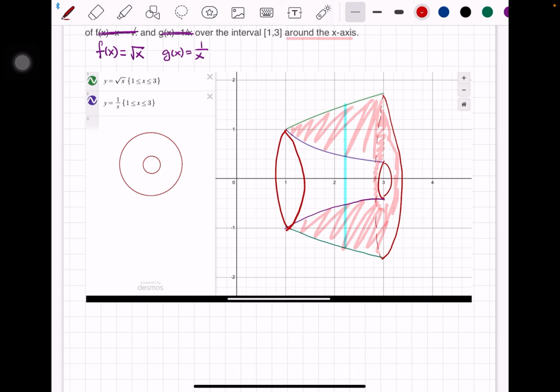The reason for us to call it hollow, donut, or washer is because the inside is hollow, and the outside is solid. So the actual area we're going to find on this slice is only this shaded region.